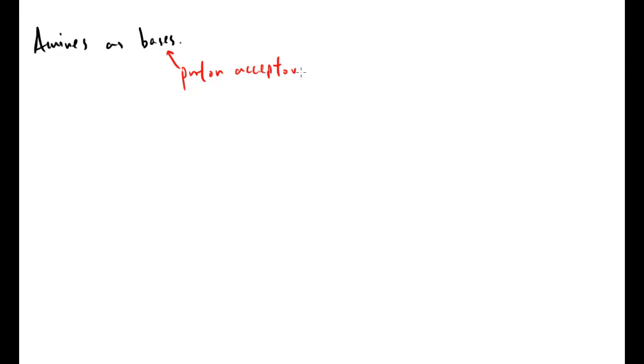So they are proton acceptors, fitting the Bronsted-Lowry definition of a base. There's 3 that you're required to look at on the specification. The first being the primary amine, second being ammonia, and the third being an aromatic amine.